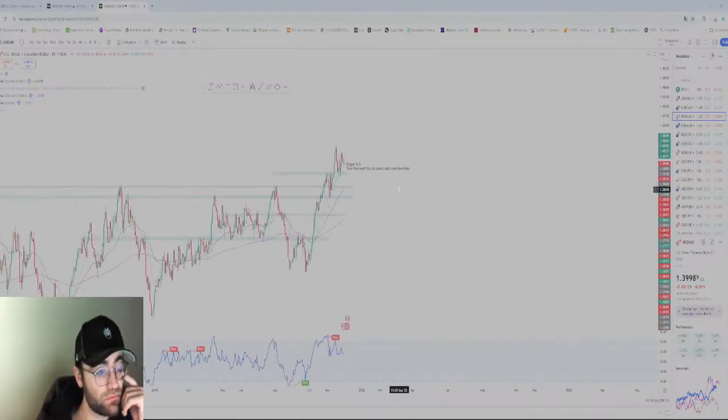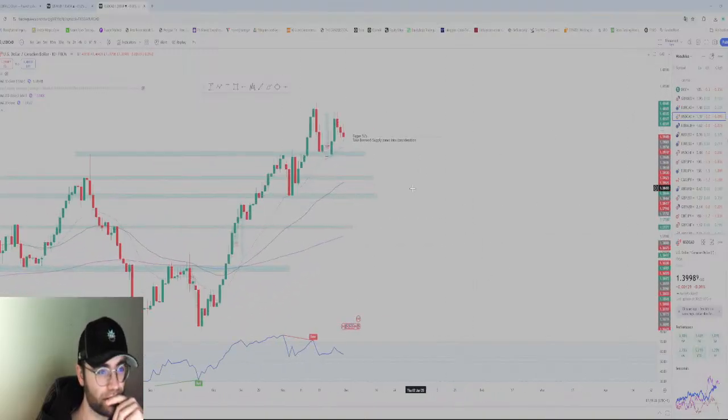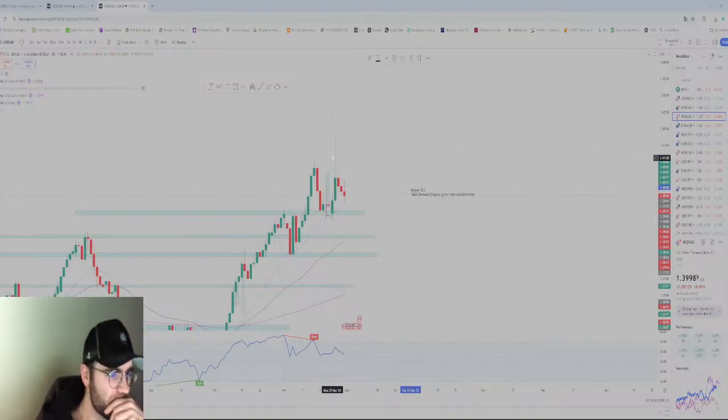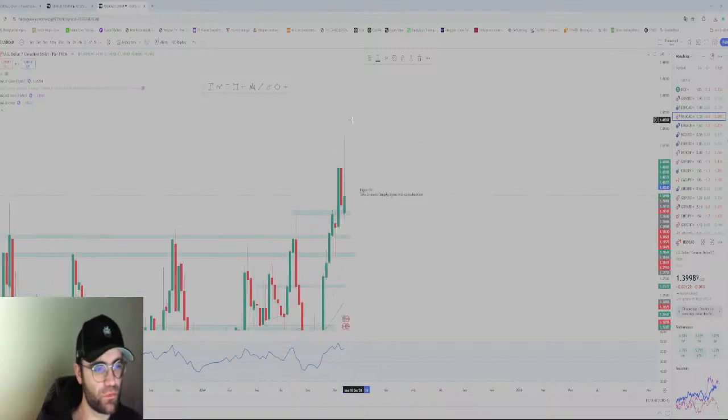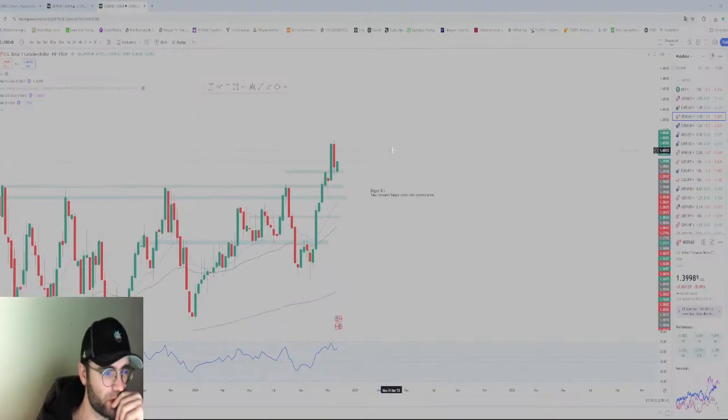Not super strong, but it's okay. However, it is a clear rejection, so I'm not really sure if it will be heading to the upside again. It could fail this week, to be honest. I think you can consider this a low.